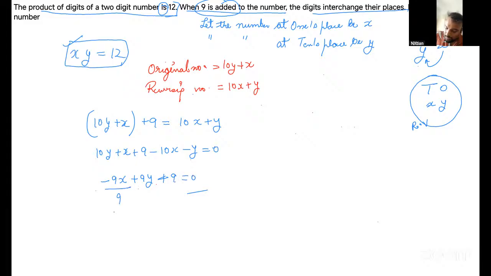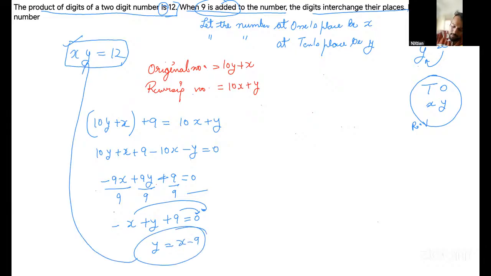Now dividing each term by 9, calculate and move this to the right side. So y equals x. Substitute the value of x.